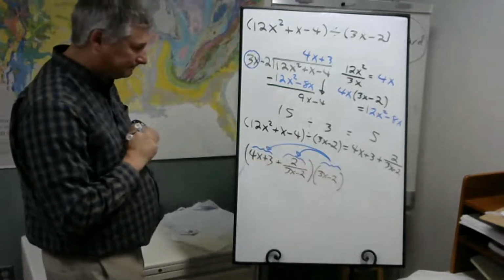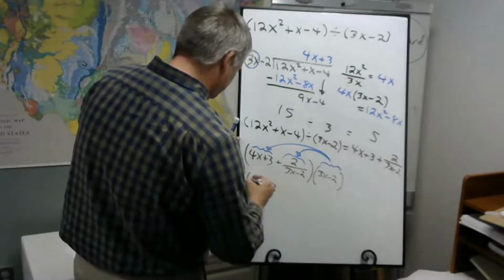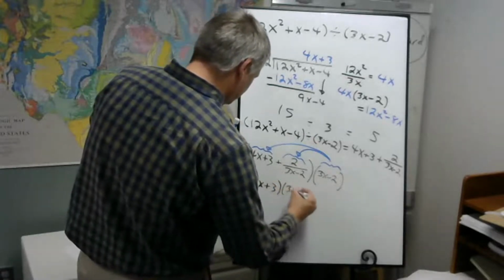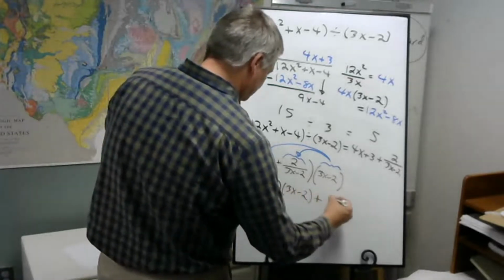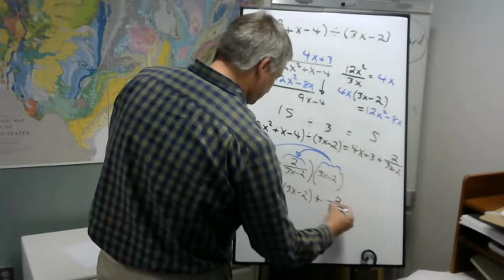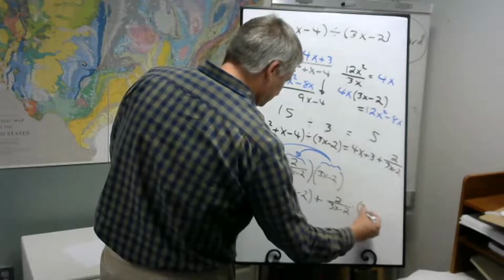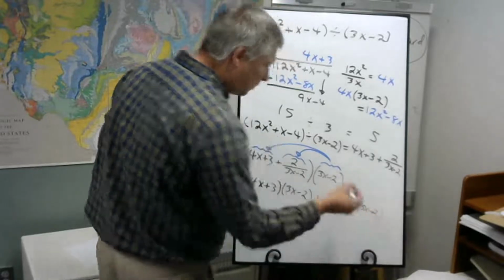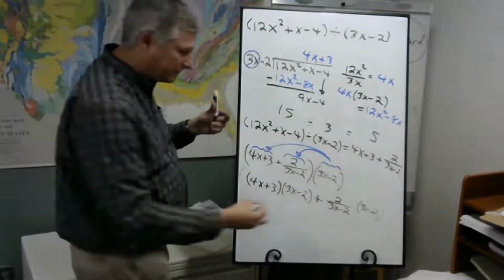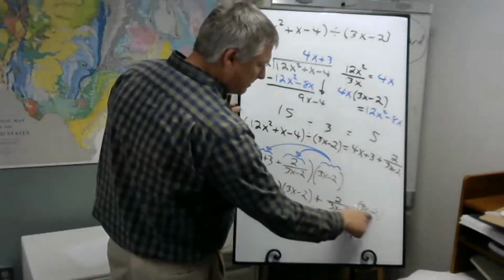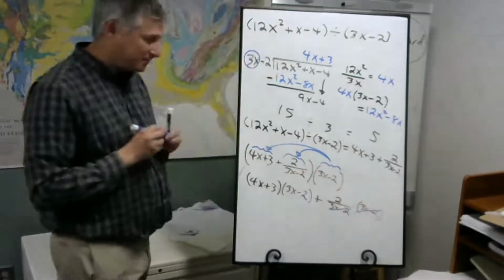So what we'll get is something like that. Well, we have some cancellation here. 3x minus 2 in the bottom, 3x minus 2 on top. Those will cancel.